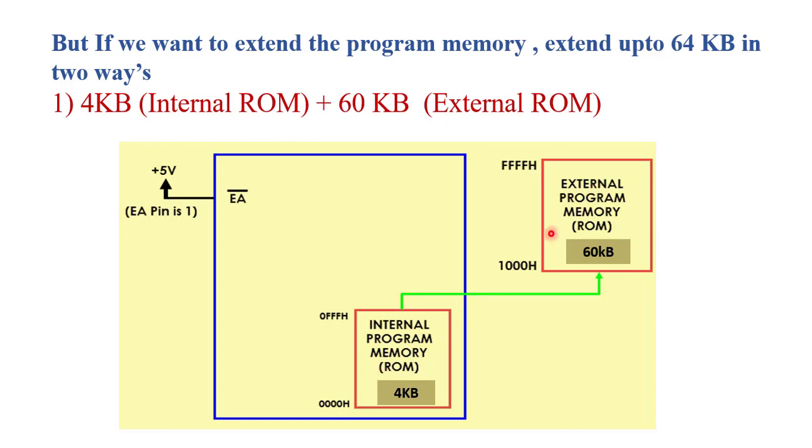This is the maximum limit of program memory in the 8051 microcontroller. To get this combination of program memory, we make the external access pin, EA, of the 8051 microcontroller high. To make the EA pin high, we connect it to the plus 5 volt VCC supply. When VCC is given to the EA pin, it becomes high and we get this combination of program memory.